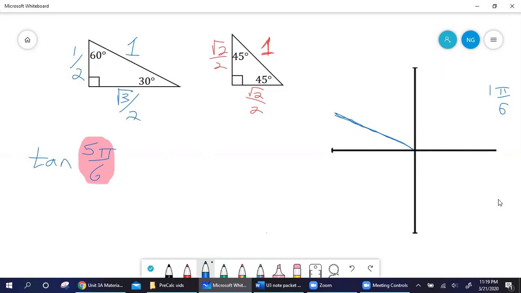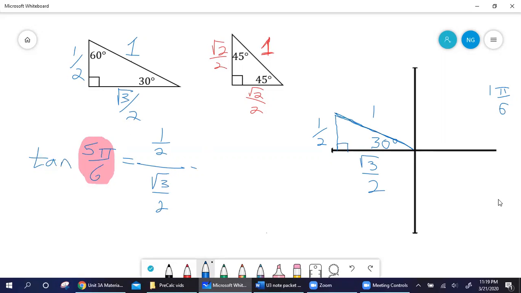This is going to build a triangle now. I always build my triangle to the x-axis. This reference angle is 30. That was 1 tick away from getting back to the x-axis. Well, now I can use my 30, 60, 90 numbers. Half, √3/2, and 1. I know that tangent is opposite over adjacent, which would be 1/2 over √3/2.